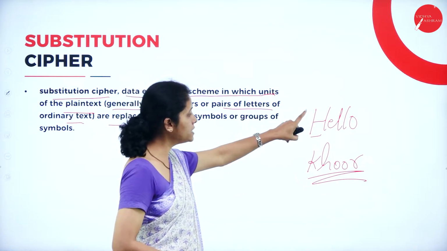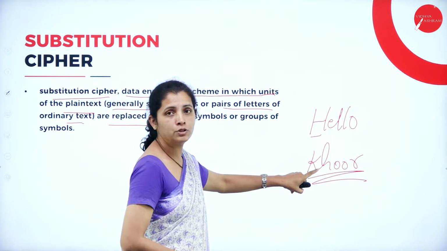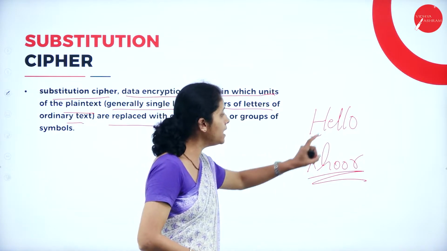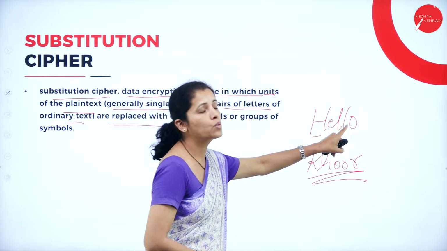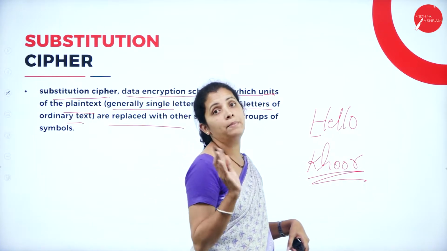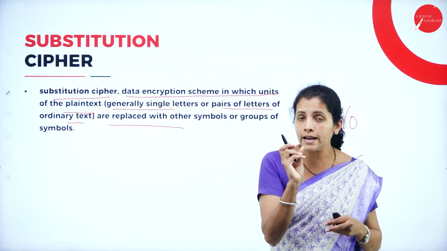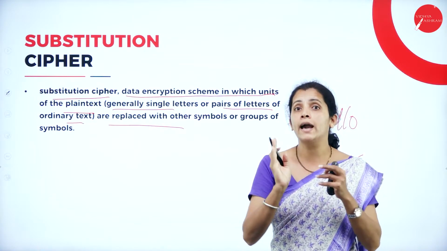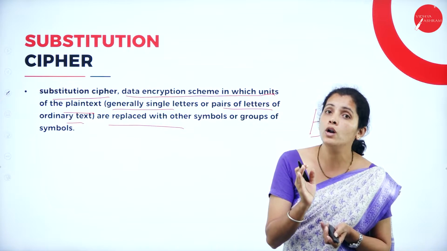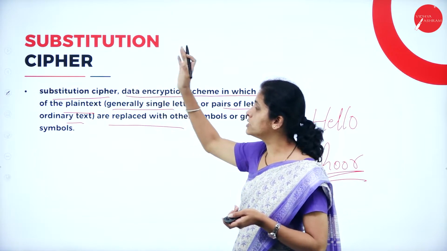That means for H, I substitute K, for E, I substitute H, for L, I substitute O, for L, I substitute O, and for O, I substitute R. As the technique name itself indicates, I substitute a single character or group of characters with a symbol, a character, or a digit. So, this is all about the substitution cipher.